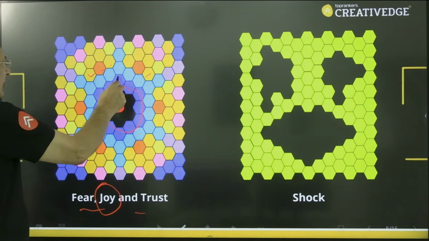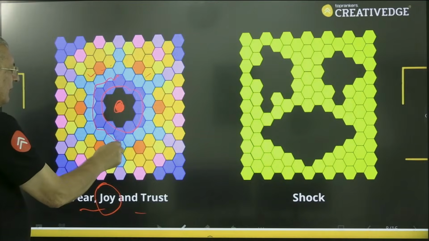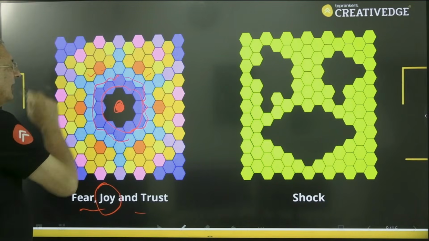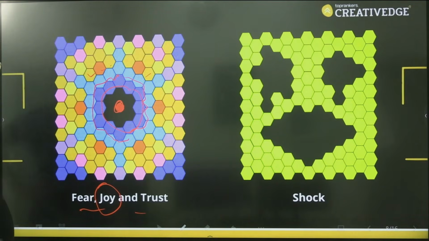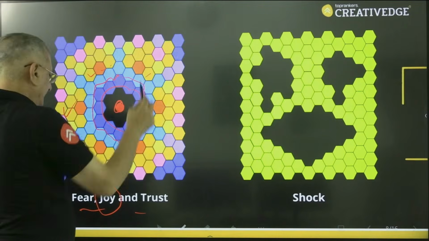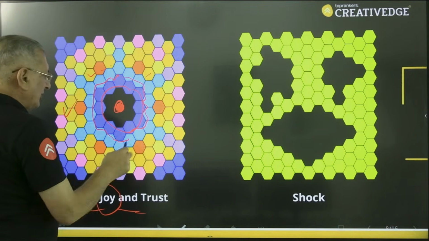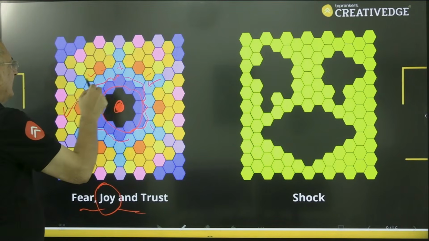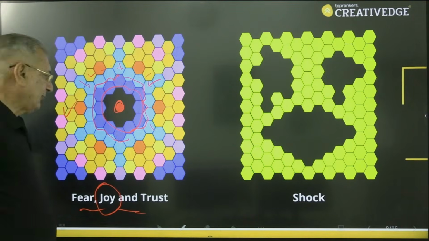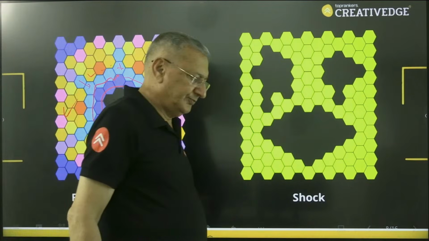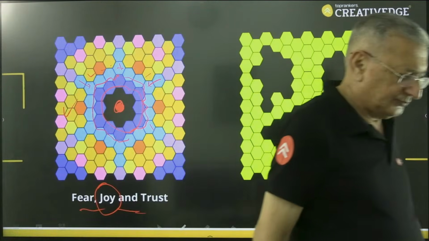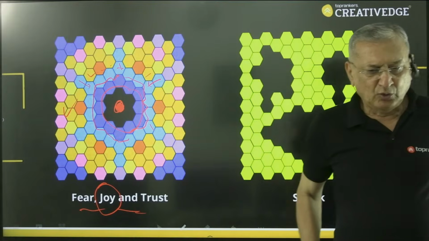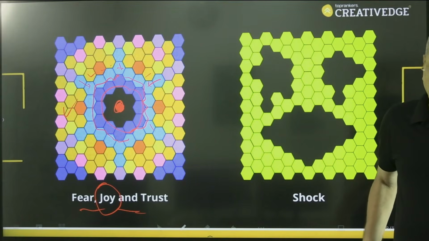So fear could be ending up here with black, red, and dark blue. Joy is here. And trust, blue color is trust. That too light blue. Slightly darker blue, that is cobalt blue, also could be used.